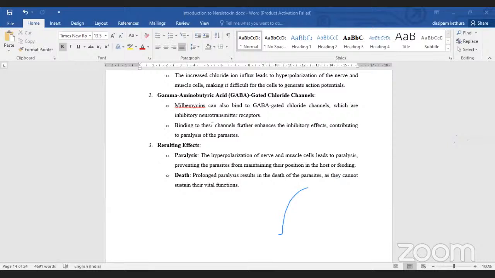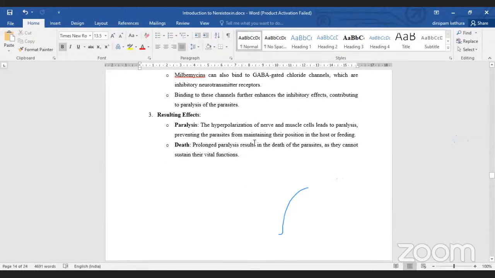So here, when milbemycin binds to the GABA-gated chloride channel, it shows inhibition of neurotransmitter receptors, contributing to the paralysis of the parasites. Sometimes it eventually leads to the death of the organism too.